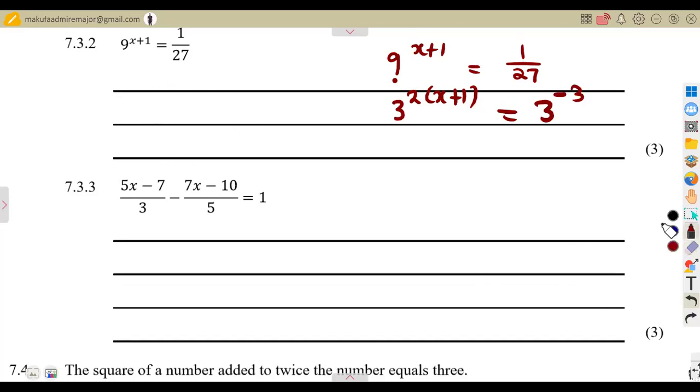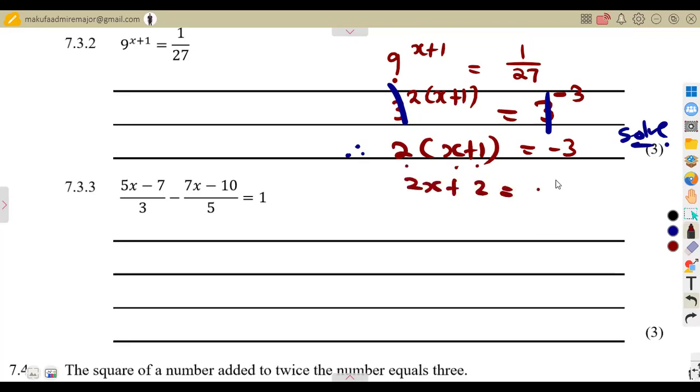So that's it. If the bases are the same, we do understand that the exponents will be equal. So therefore, this 2 into x plus 1 is equal to minus 3. So therefore solve the linear equation that you're given, distribute the brackets by 2. 2 times x, that's 2x plus 2 is equal to minus 3.